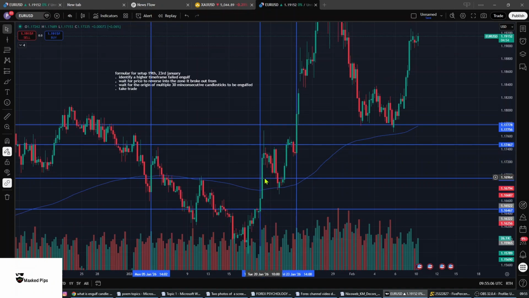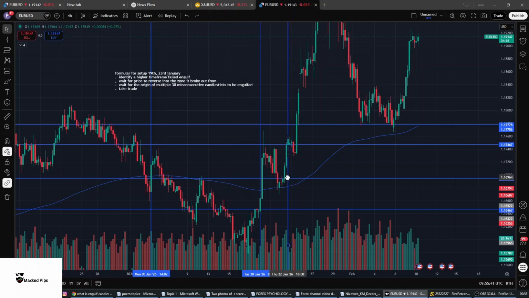So we can see here also that on the 21st of January there's a bearish engulf here, and from this point price went up and broke this bearish engulf. This is the 21st of January. So this bearish engulf has been successfully engulfed. We can now call this bearish engulf a failed bearish engulf.